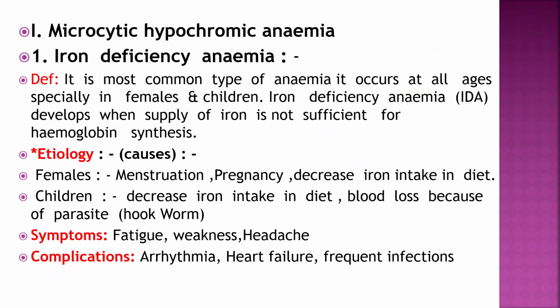Iron deficiency anemia is the most common type of anemia, it occurs at all ages, especially in females and children. Iron deficiency anemia develops when the supply of iron is not sufficient for hemoglobin synthesis, because iron is required for hemoglobin. Causes in females can be the monthly regular blood loss, that is menstruation, pregnancy, and decreased iron intake in diet, because previously females used to eat after everyone had eaten, so they got a decreased diet.